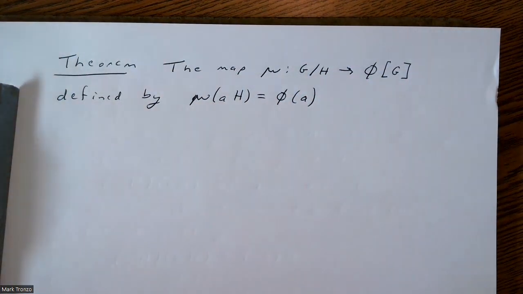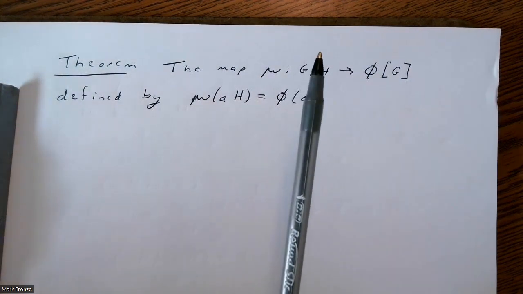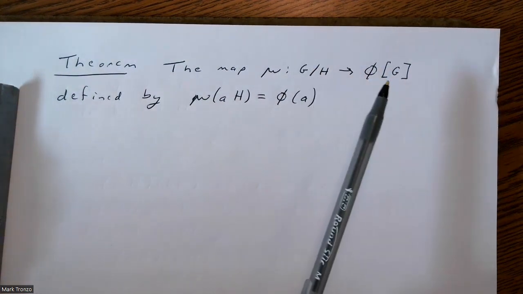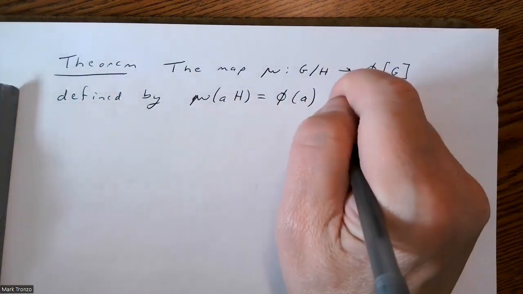So again, you have a map from the factor group to the group. This is an isomorphism.